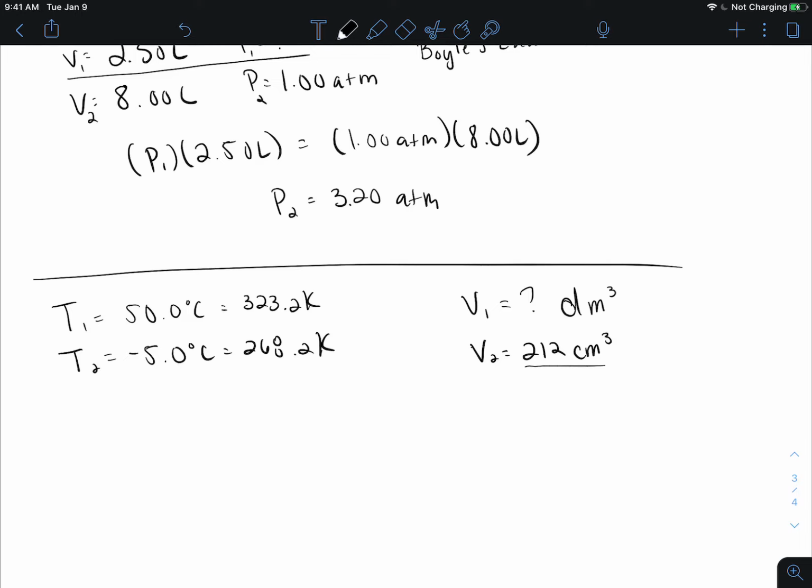Okay. And then we want to go ahead and also convert our volume into decimeters cubed. So to go from centimeters cubed to decimeters cubed, there is 10 centimeters per 1 decimeter. And we will cube that, giving us a value of 0.212 decimeters cubed. Now we're going to put this into our equation.